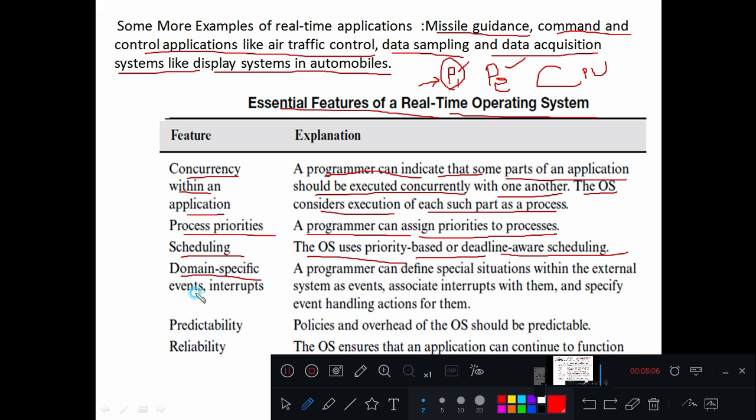Next, domain specific events or interrupts. A programmer can define special situations within the external system as events, associate interrupts with them, and specify event handling actions for them, right? These are the different terms which are used with the systems.